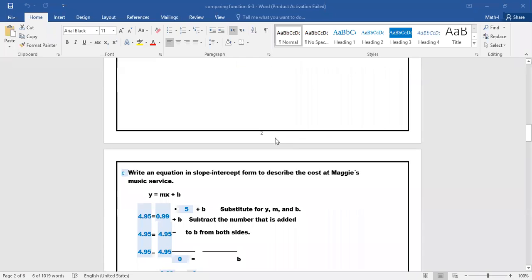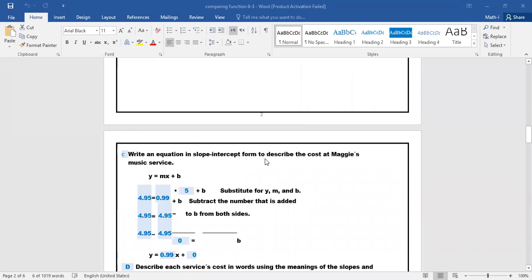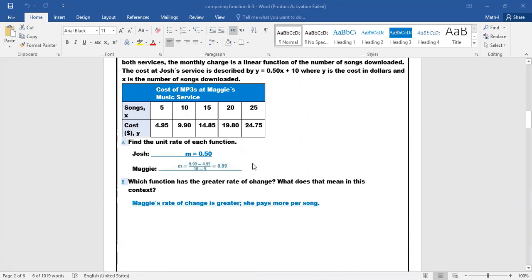We have another question. Write an equation in slope-intercept form to describe Maggie's music service. We want Maggie's music service. Already we have y equals the slope for Maggie, 0.99x, plus what?